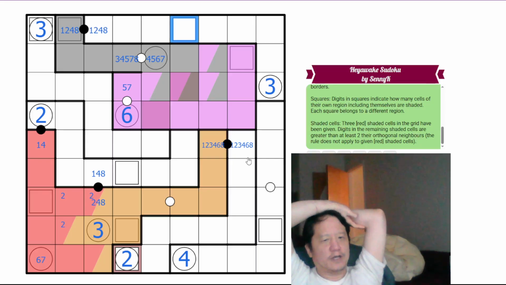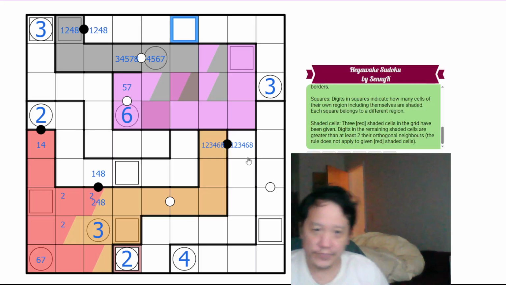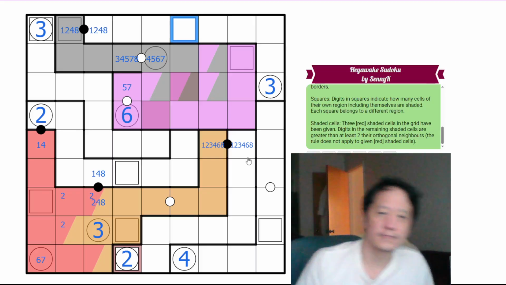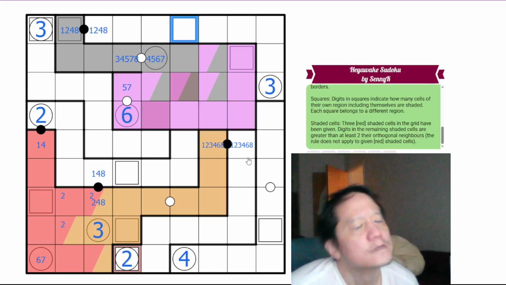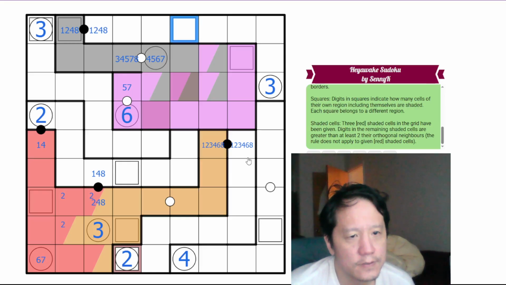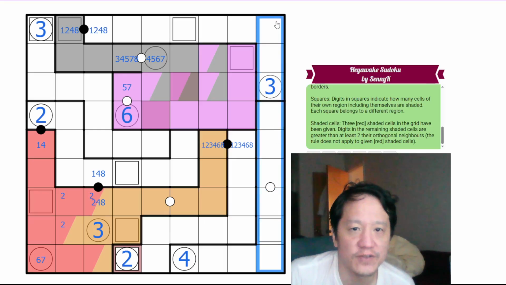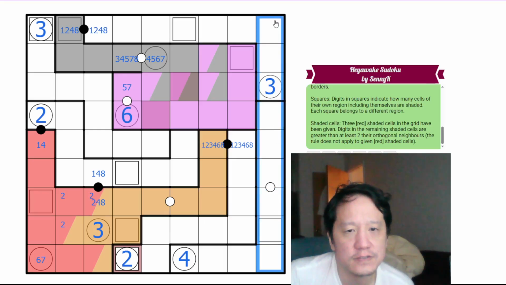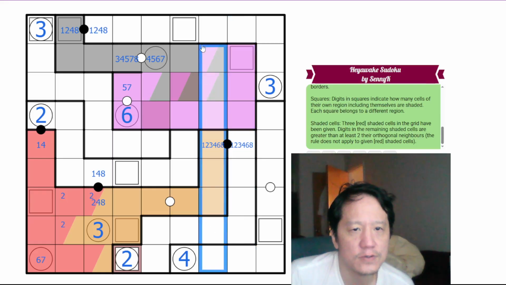Now we need to do the Heyawake shading. Oh boy, that's gonna be crazy. Let's see. Okay, so this full thing doesn't have to have any shaded cells. We need 2 here, at least.